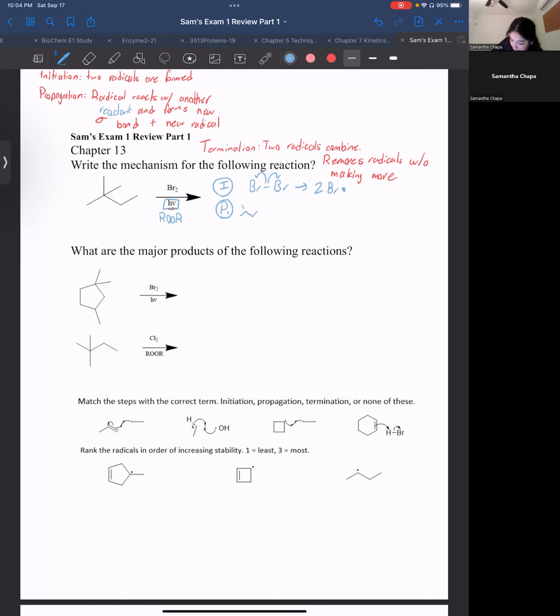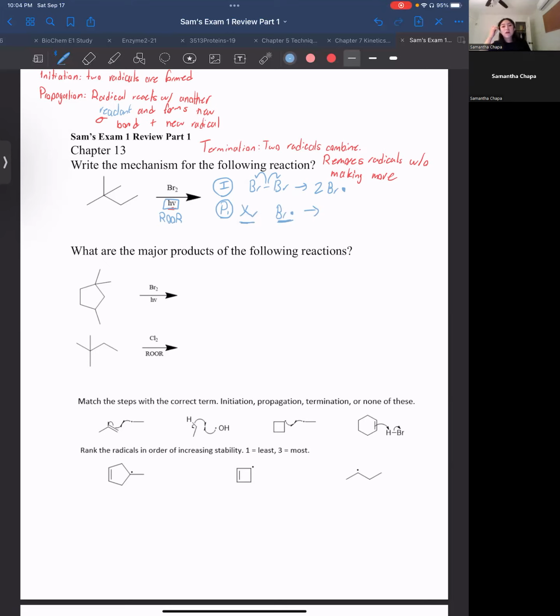In radical reactions, we take off hydrogens in order to make new radicals. There you go. So I'm going to react a radical right here with another reactant to form a new radical and a new pi bond.